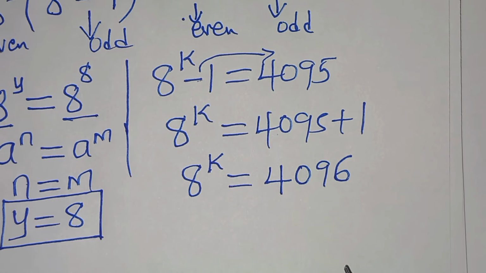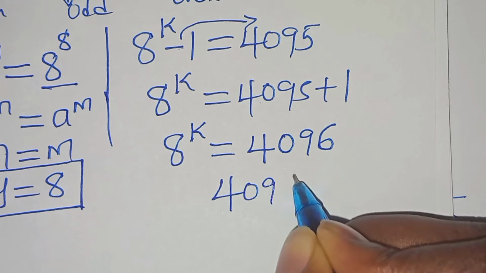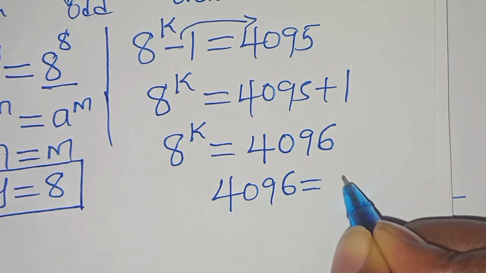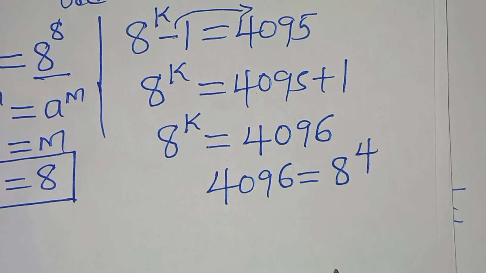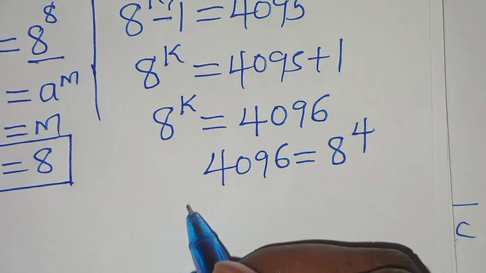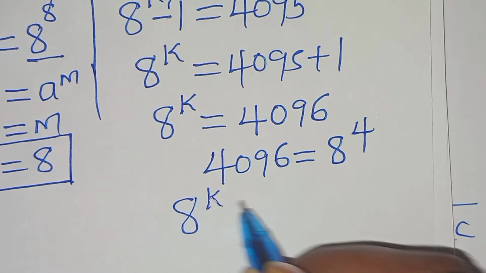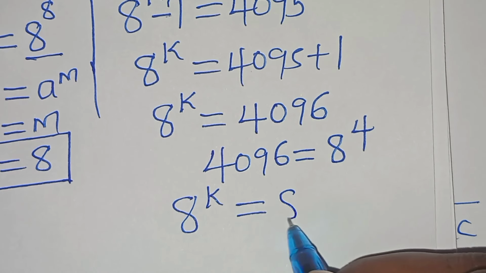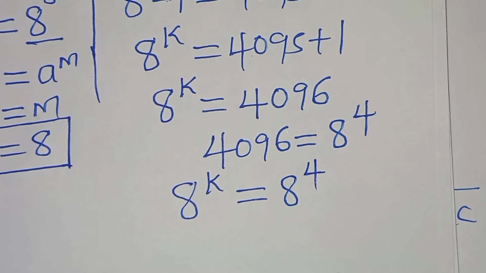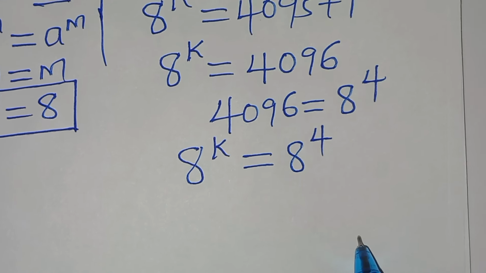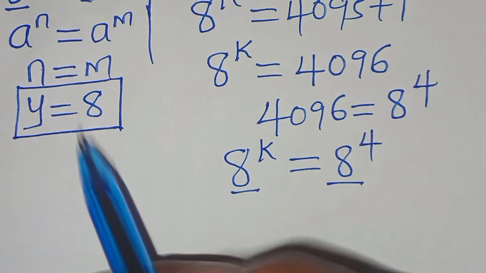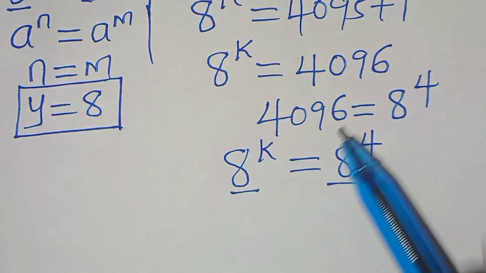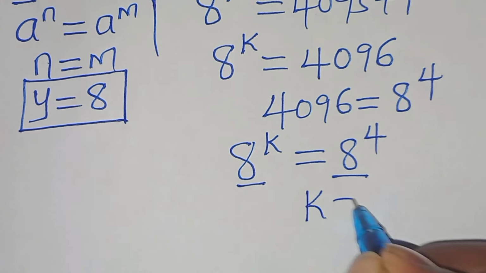Now, we can express 4096 as 8 raised to the power of 4. So 8 to the power of k is equal to 8 to the power of 4. Again, the bases are common, so applying this exponent property, this implies that k is equal to 4.